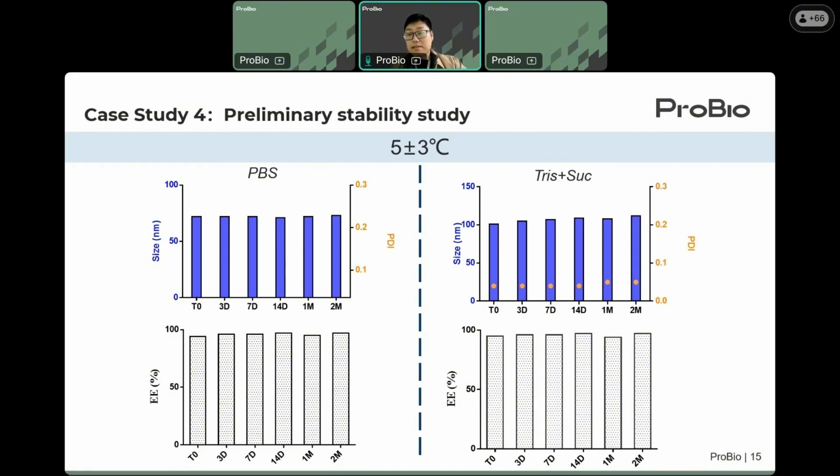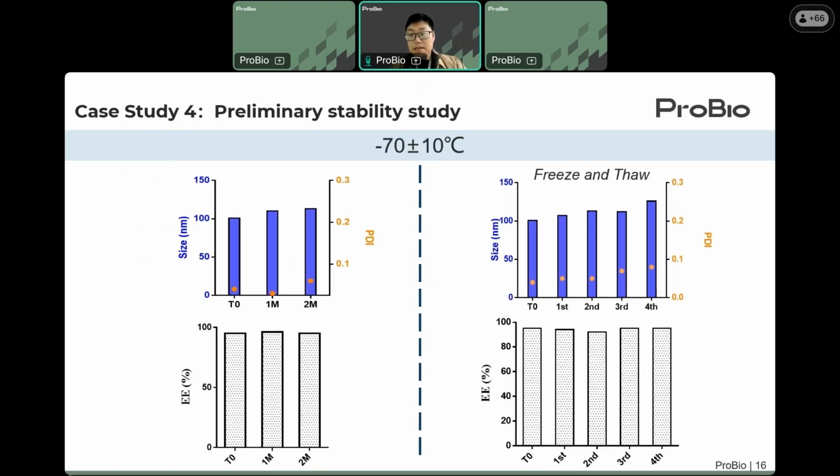So I guess I don't need to explain this chart one by one. However, if we want to ship the materials to our customers, we still recommend the deep freezing format, for example, minus 70 degrees or with dry ice.